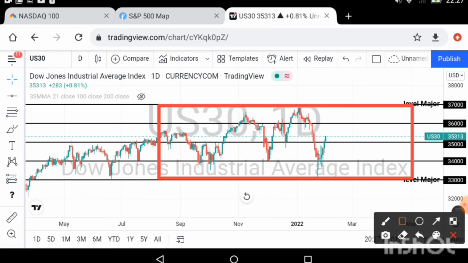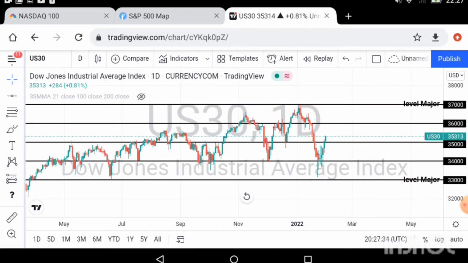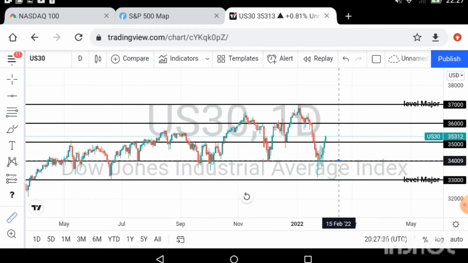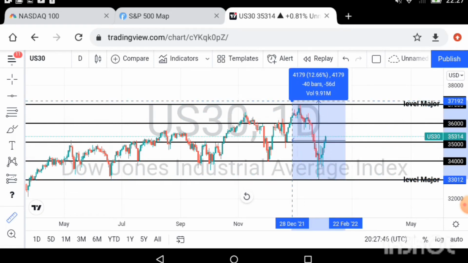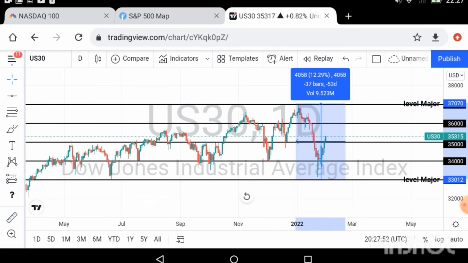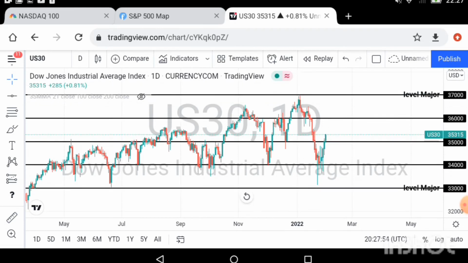We're in between this box. Let me calculate how many pips this is, just for interest's sake. It's 1,000, 2,000, 3,000, 4,000. This is 4,000 pips in total. Yes, I'm correct. These are the major levels.